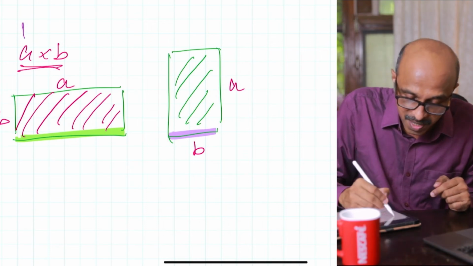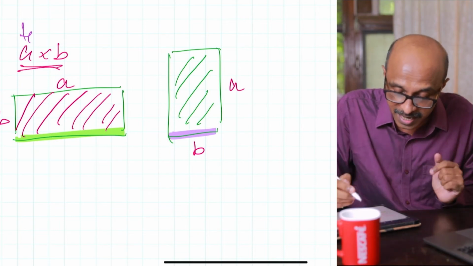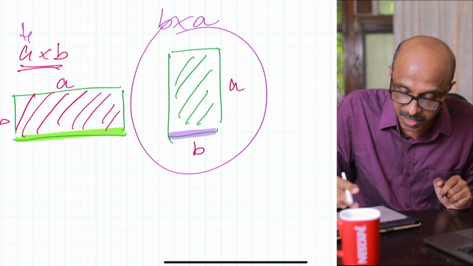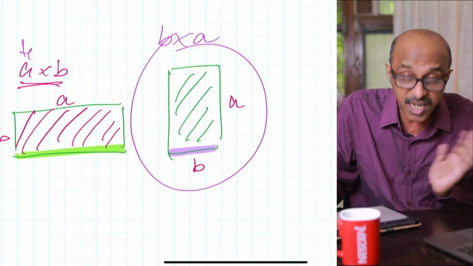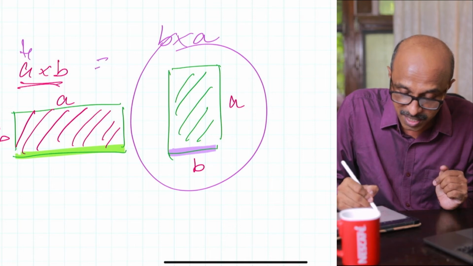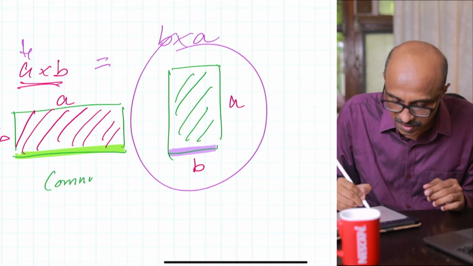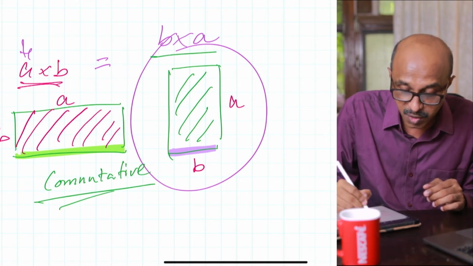So if a times b represents the horizontal side times the vertical side, then in this orientation, b times a would represent the horizontal side times the vertical side. And because the area has not changed, we can say that a times b is equal to b times a. And that is the multiplication law of commutativity. We say multiplication is commutative, which means a times b is equal to b times a.